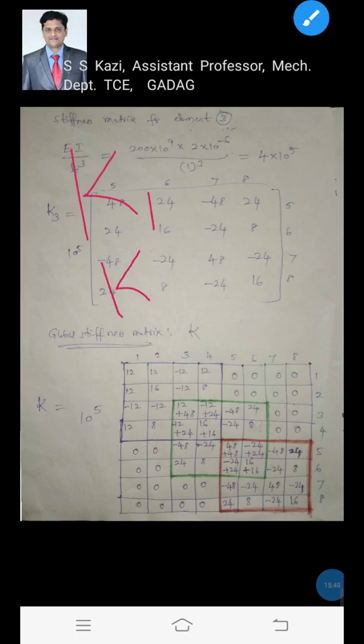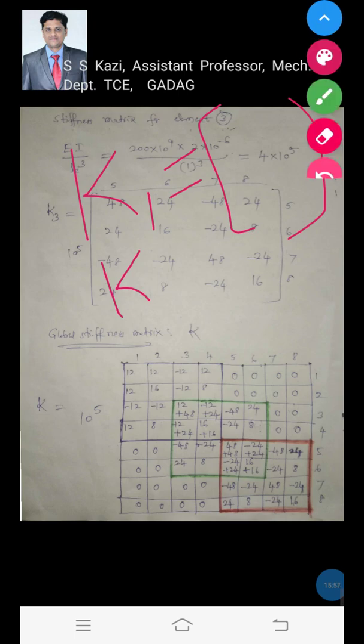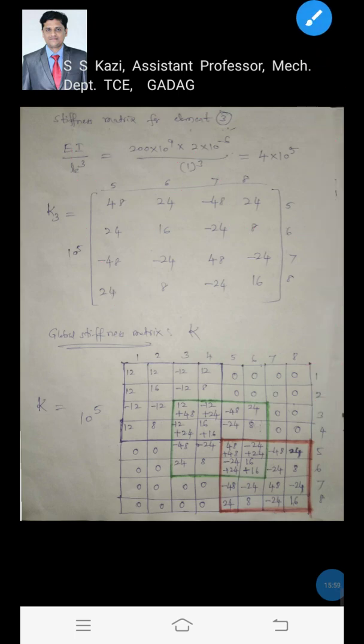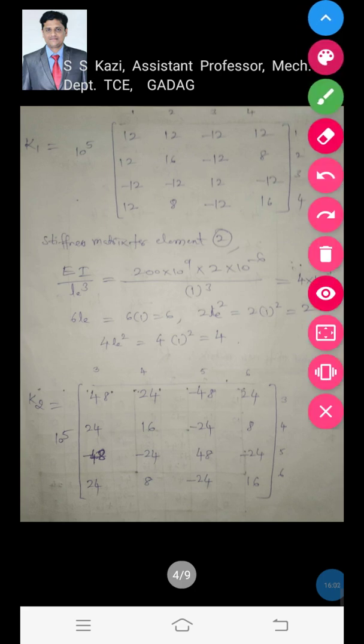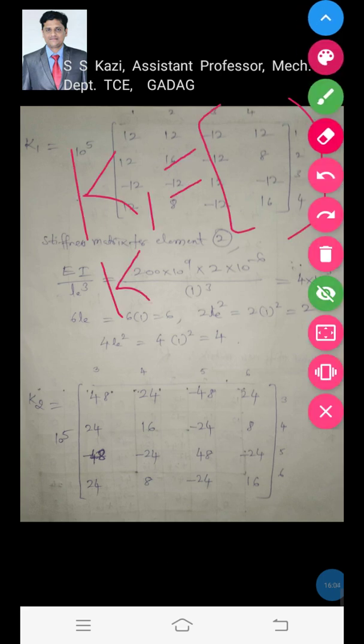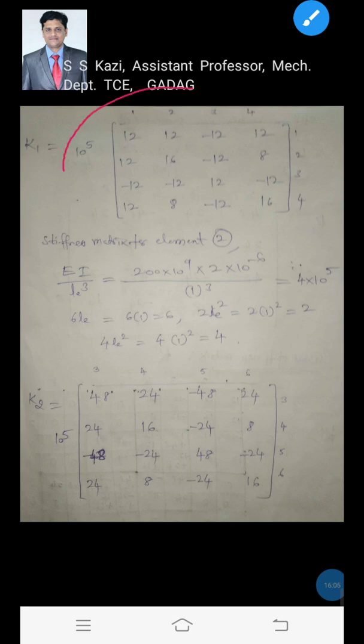For K1, the 16 terms we got have the DOF numbers 1 2 3 4, 1 2 3 4. Wait, I will show it to you. Okay, K1, these terms 1 2 3 4, 1 2 3 4, all these terms have to be transferred to the global stiffness matrix grid.